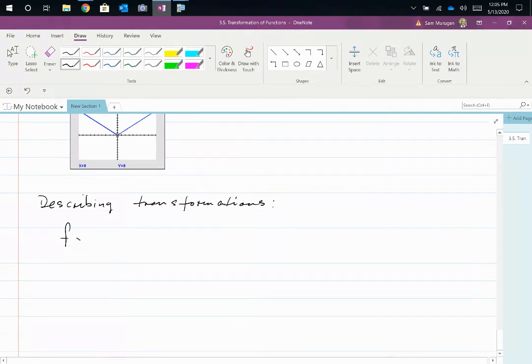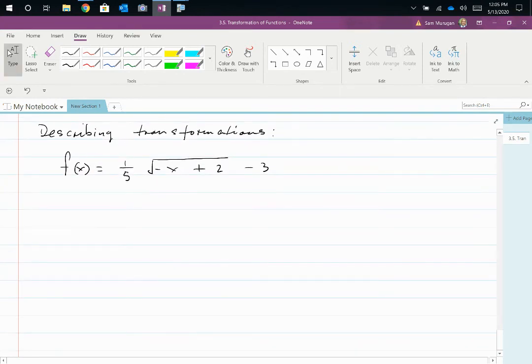If I have f of x is equal to 1 over 5 square root of negative x plus 2 minus 3, and I wanted to describe this in words.